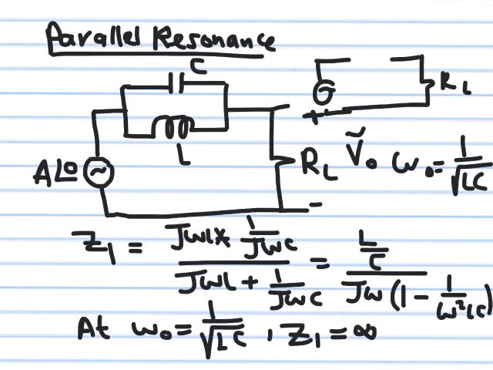So at very low frequencies, the capacitor effectively has very high impedance because its impedance is 1 over j omega C. When omega is pretty small, this number is complex but has a large magnitude. Effectively, it's an open circuit. But the inductor is j omega L, so if omega is small, it becomes effectively like a short circuit.